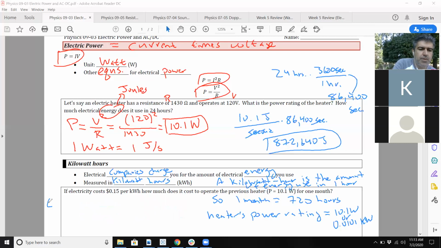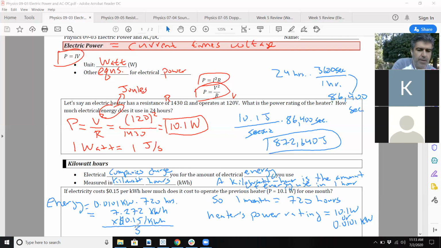The energy we use is going to be my kilowatts times 720 hours. So that's 7.272 kilowatt hours. And it's costing 15 cents per kilowatt hour.